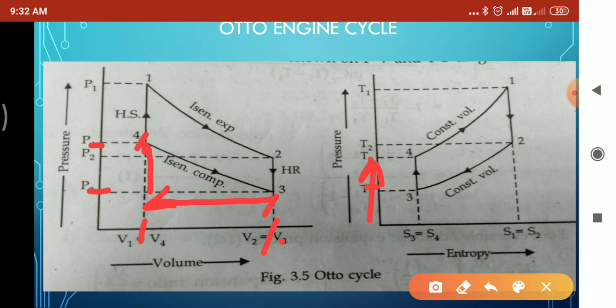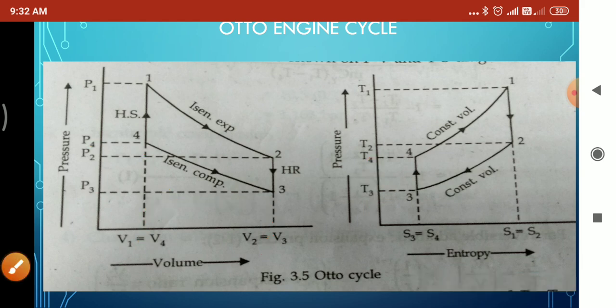Heat remains constant, but simply temperature and pressure increase and volume decreases. This is called adiabatic compression, or isentropic compression process, the third process.